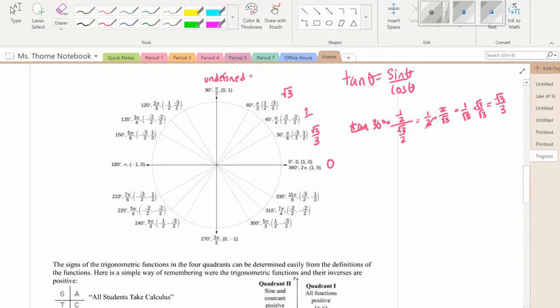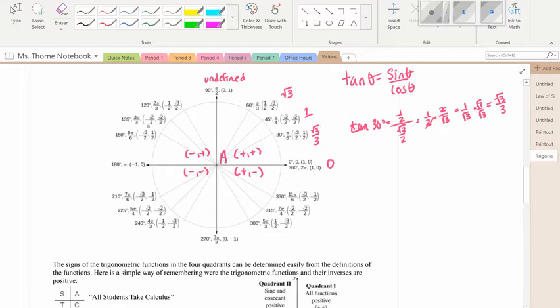So if we think about the signs in each of the quadrants, we know this one is always positive because both x and y are positive. Here, x is negative and y is positive. In quadrant 3, we have negative, negative for x and y. And in quadrant 4, we have a positive x and a negative y. So because of that, all trig functions are going to be positive in the first quadrant: sine, cosine, tangent, and all the reciprocals.